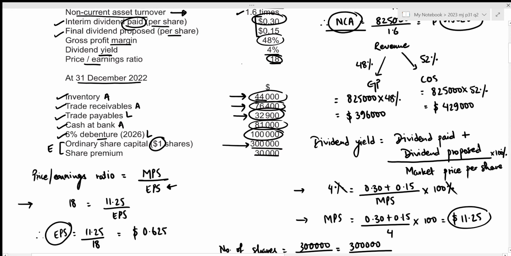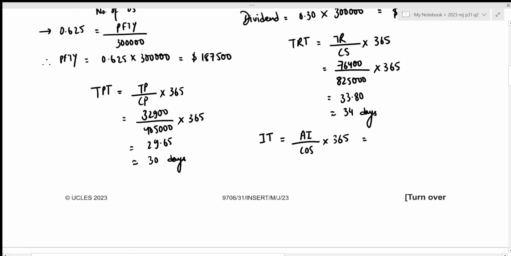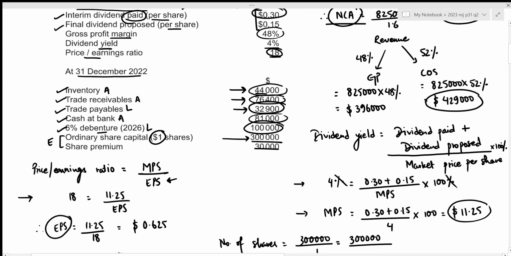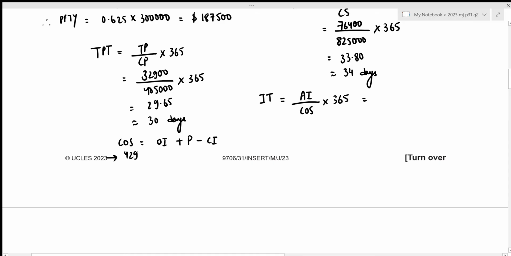And also remember that we have already calculated the cost of sales to be 429,000, and we're also given purchases, which means that we can calculate the opening inventory using the formula for cost of sales.